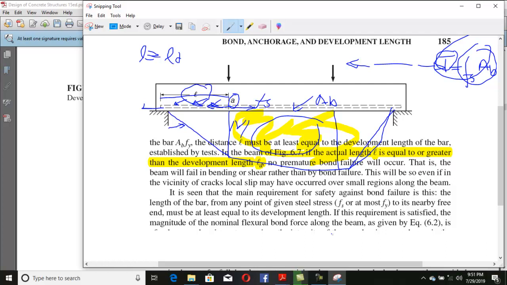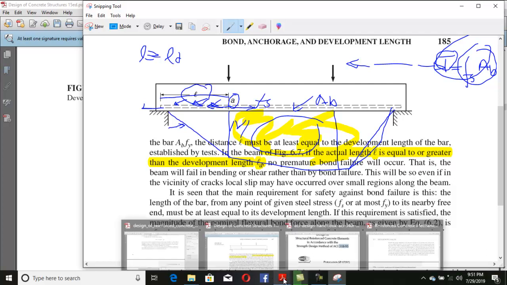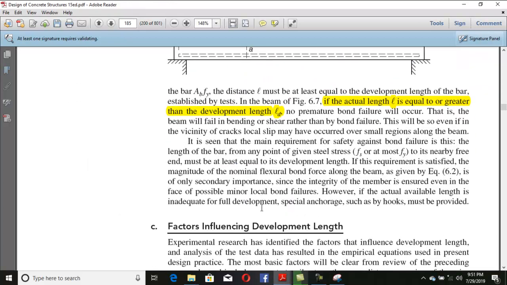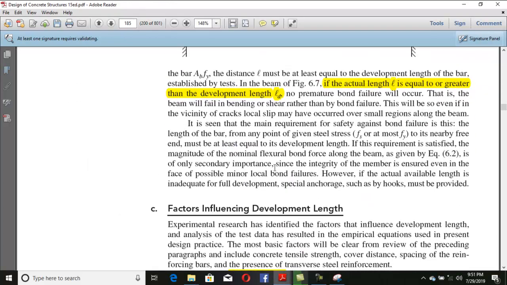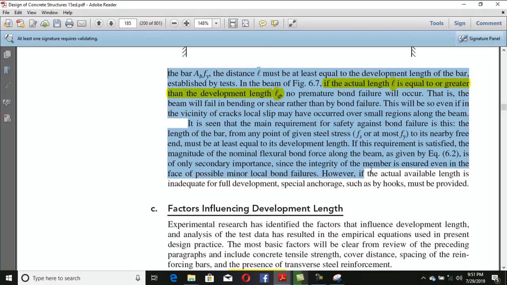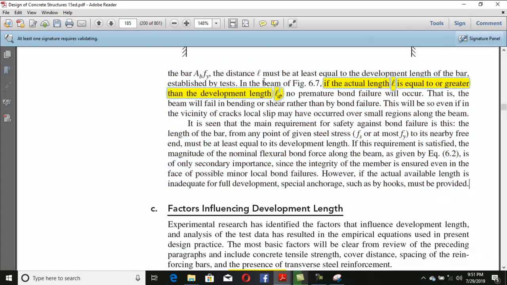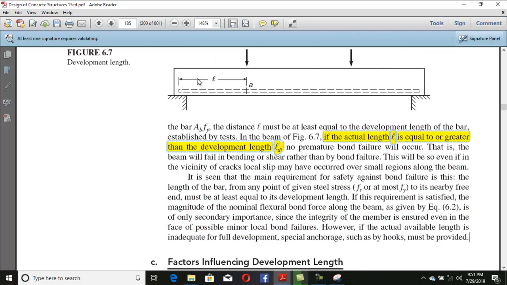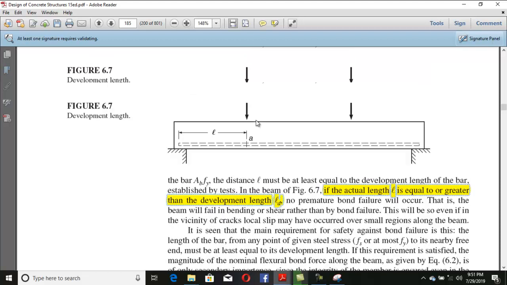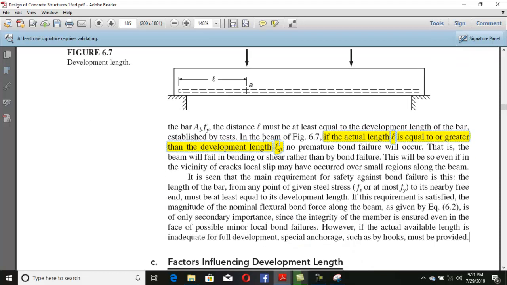If this requirement is satisfied, the magnitude of the nominal flexural bond force along the beam is not important. But the most important thing from this paragraph is that the length of the bar embedded in the concrete should be greater than or equal to the development length, to develop the whole stress equal to Fs into the area of the bar.